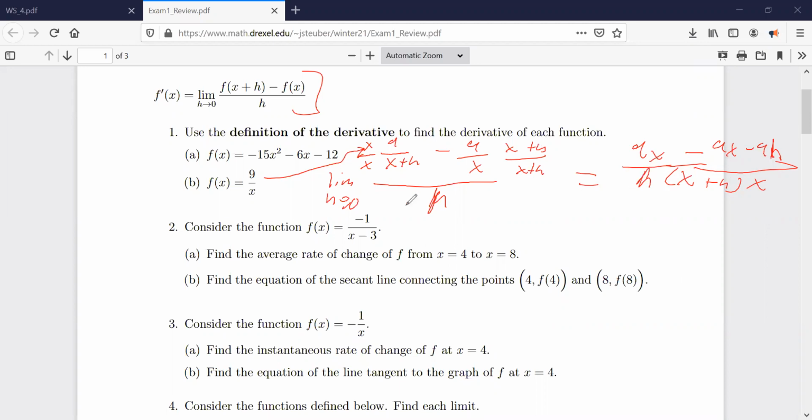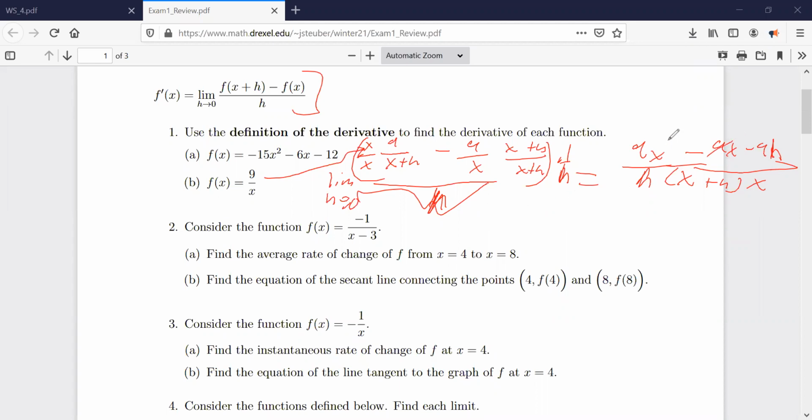Does that make sense? Sometimes people are uncomfortable with that. You can also think of this as the whole time I was multiplying this by 1 over h, and I think that people find it a little bit more natural, but they're the same thing.